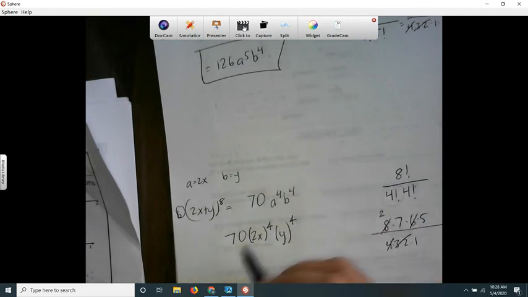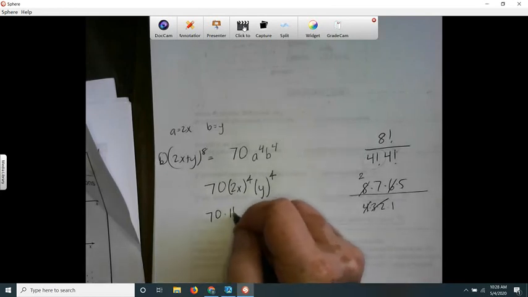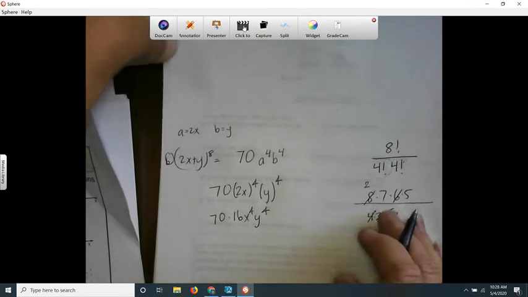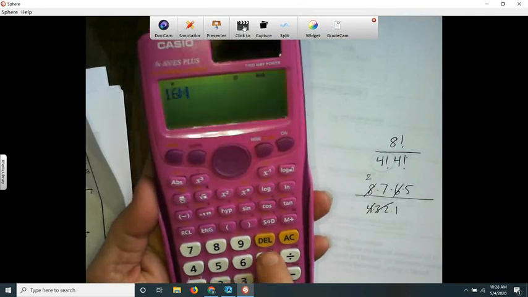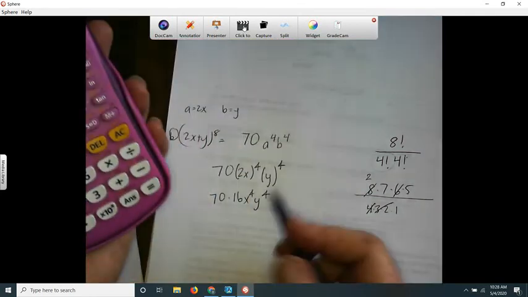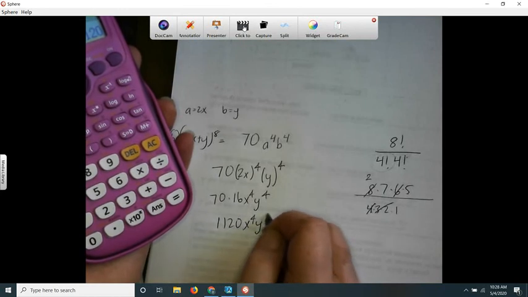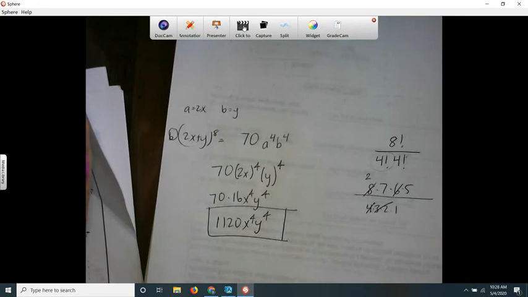Let's see, 2 to the 4th power: 2 times 2 is 4 times 2 is 8 times 2 is 16. I don't know what 16 times 70 is going to be. There we go. That's it.